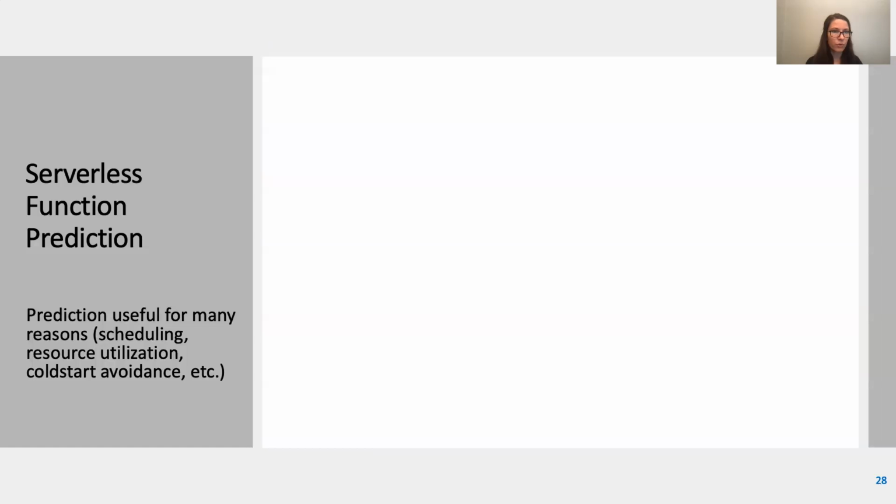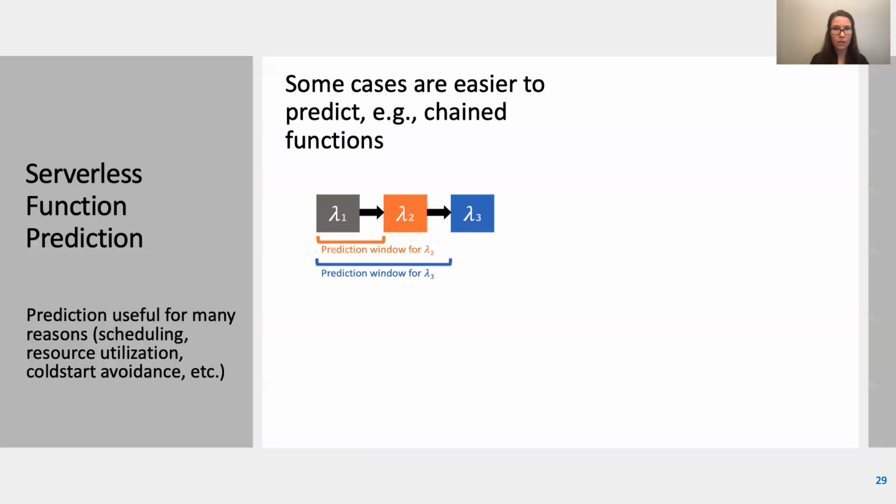However, to be truly proactive, you would need some sort of notion of serverless function prediction. And function prediction is useful for a wide variety of reasons: scheduling, resource utilization, cold start avoidance, etc. So some things to talk about prediction. We first observe that some cases are easier to predict than others, for instance, chained functions.